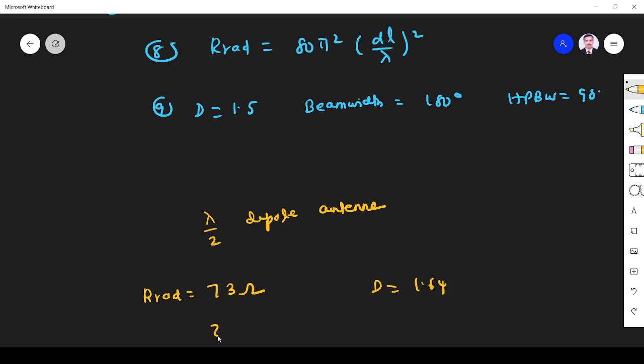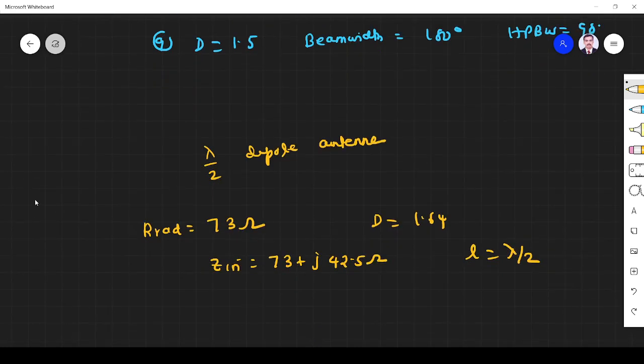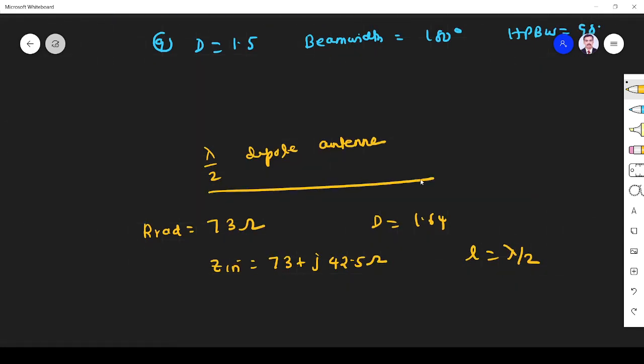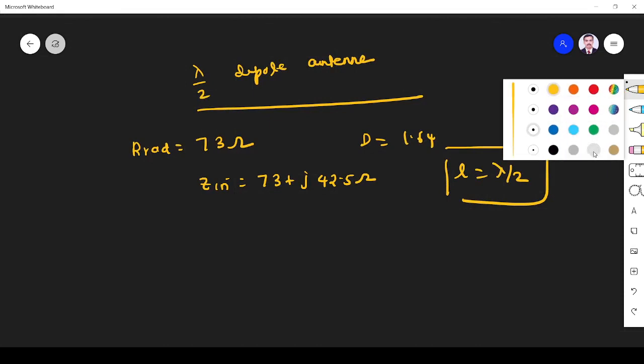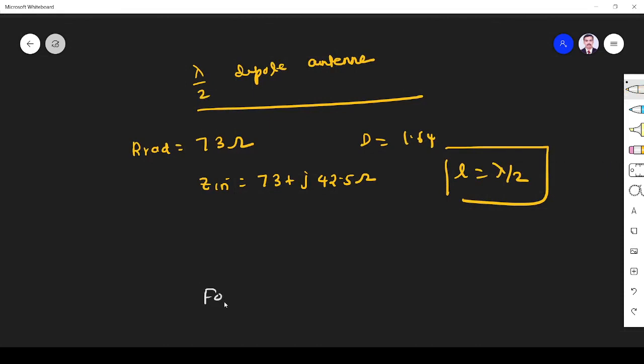Total input impedance is 73 plus j 42.5 ohm for L equal to lambda by 2. What is meant by lambda by 2? The length of the antenna is lambda by 2, so that's why it's called half-wave dipole antenna. Next one, we go to the folded dipole antenna.